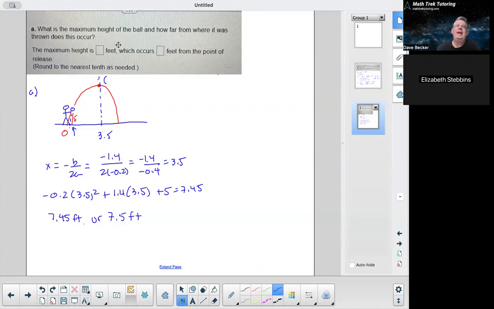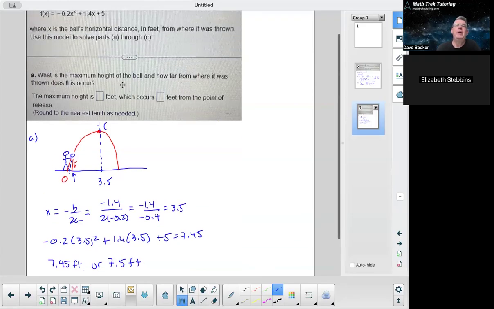The way we do that is we let 5 equal the y, right? We replace this f of x with 5. So we're going to say 5 equals negative 0.2 x squared plus 1.4x plus 5.